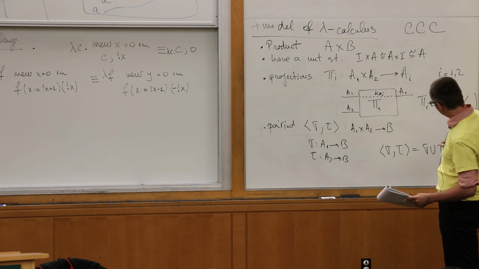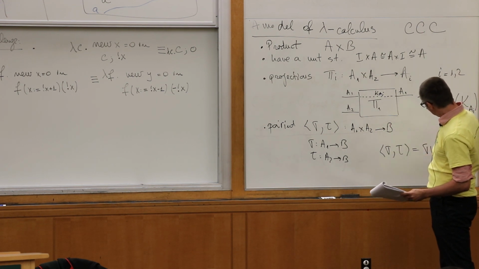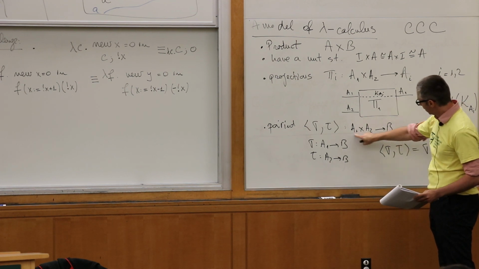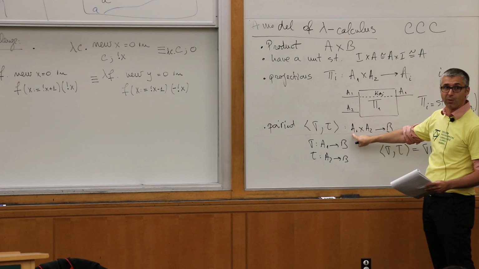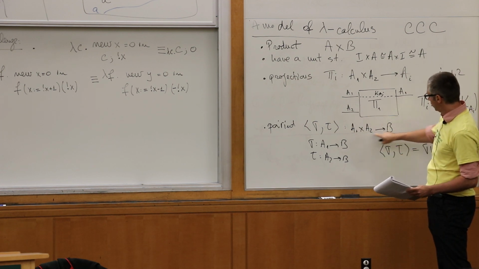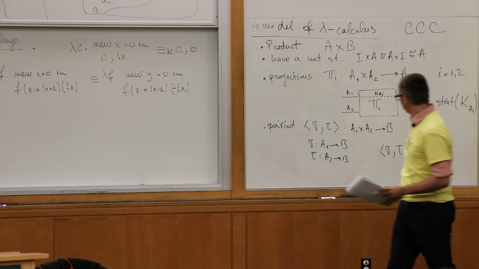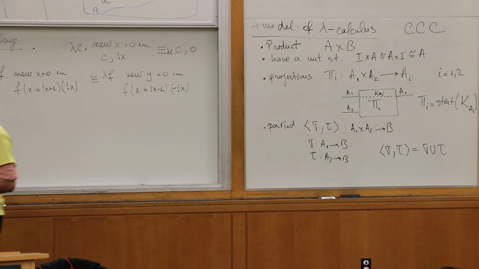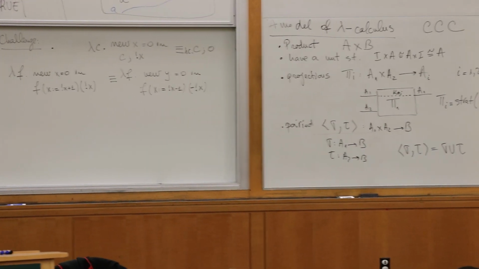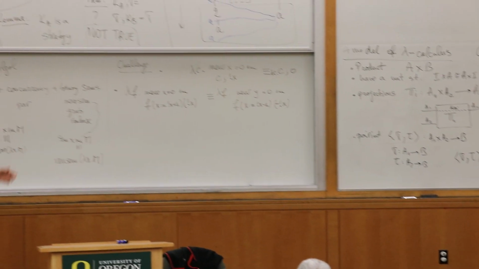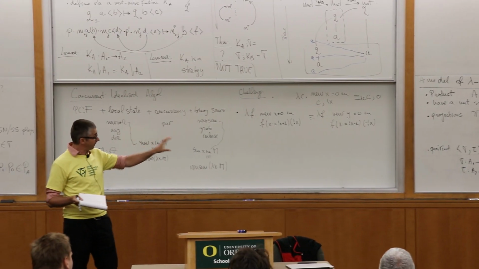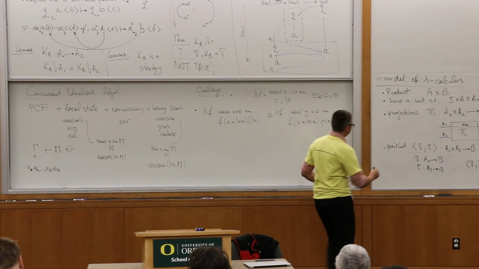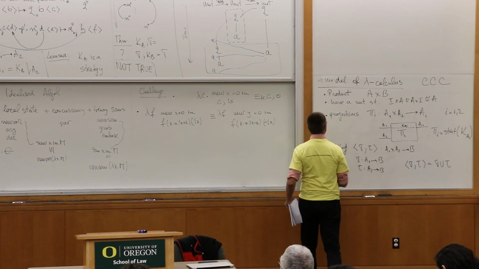Because if you start here on B, sigma will always talk just to A1, tau will always talk just to A2. And you can now check, I mean, you've seen probably in the type theory lectures the equations that projection should satisfy. And you can convince yourself that pairing and projections behave as they should.